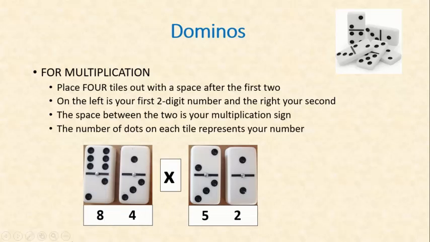We have 8 dots on our first tile, 4 dots on our second tile, which makes 84. And our multiplication sign in between. On the right hand side, we have 5 dots on our first tile and 2 dots on our second tile. So it's 84 multiplied by 52.